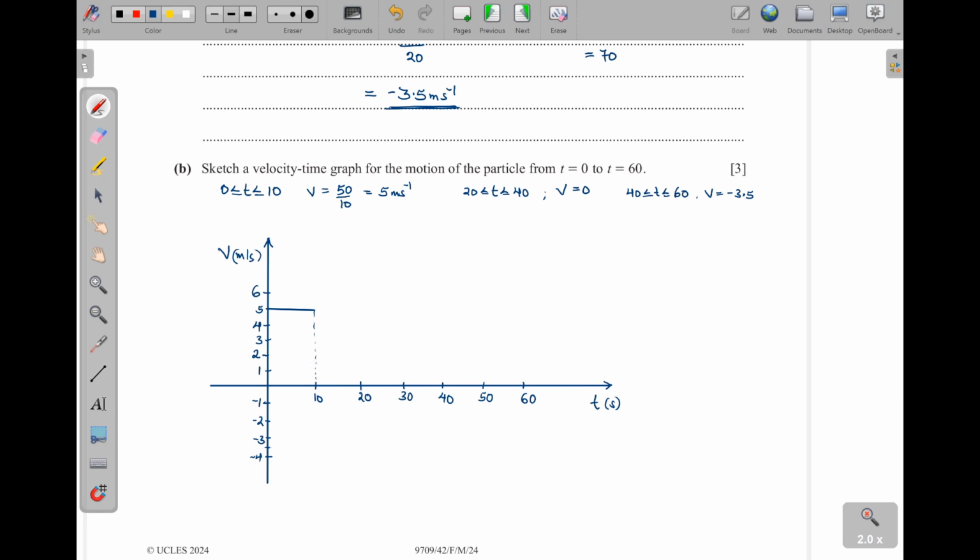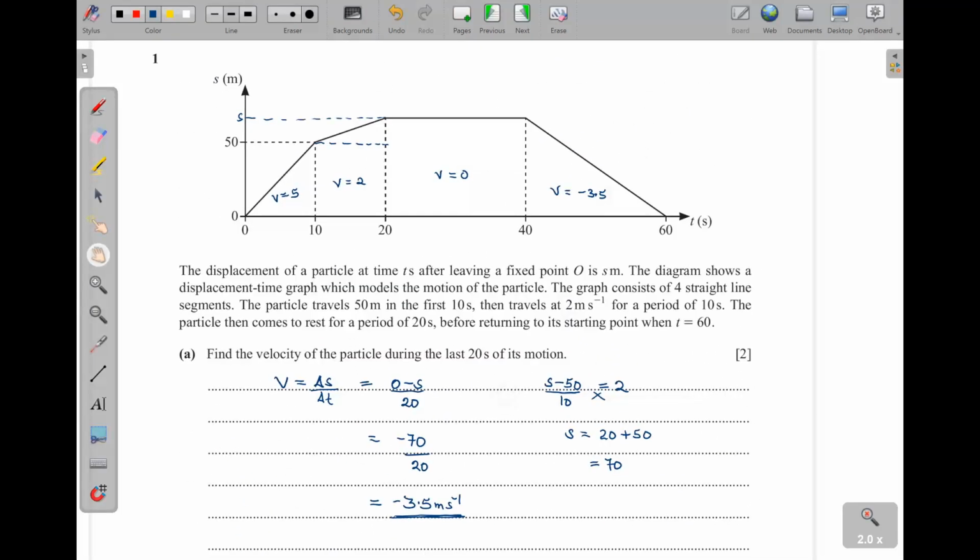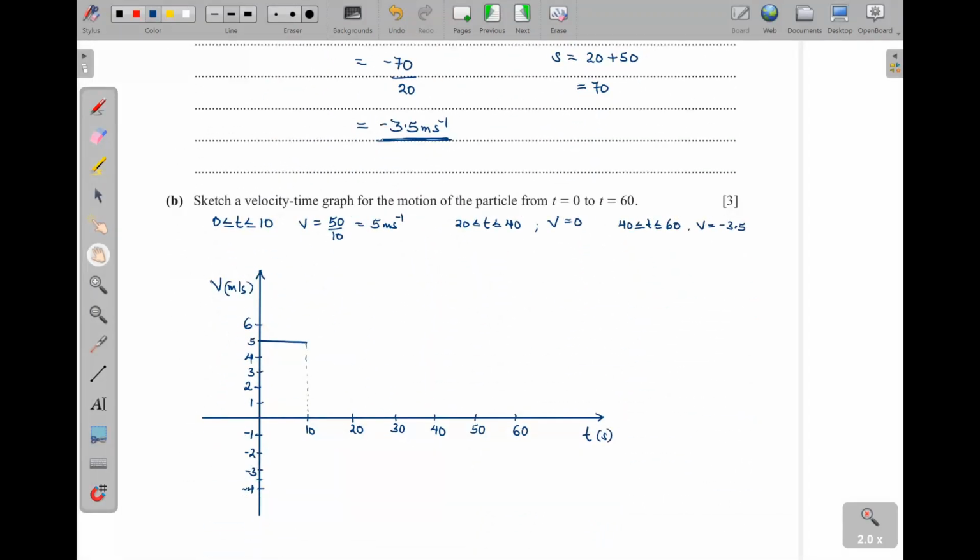And then the other one, from 10 to 20, is a 2, not 0. So we shall come to 2 here, and then we draw that.